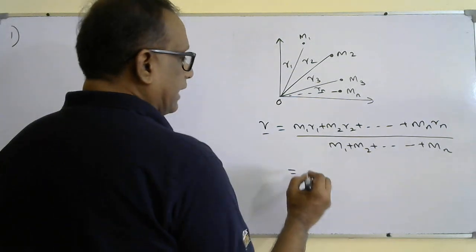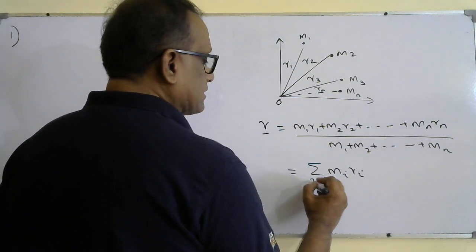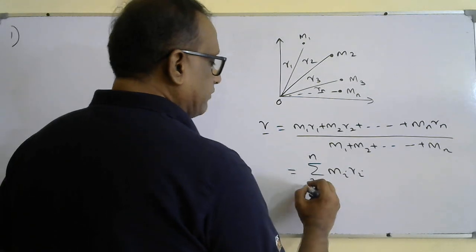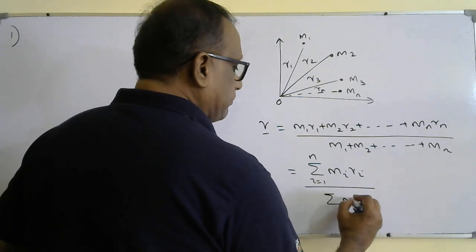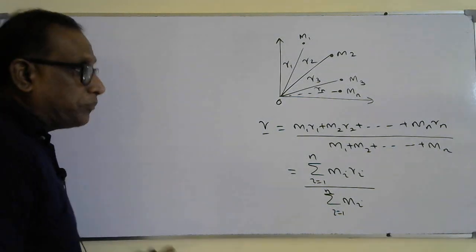We normally write this as sigma mi ri, i equal to 1 to n, divided by sigma mi, the total mass, i equal to 1 to n. This is from a point.